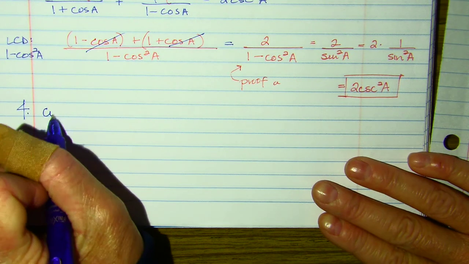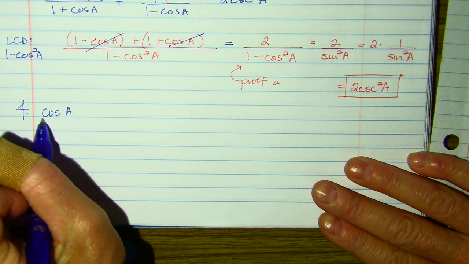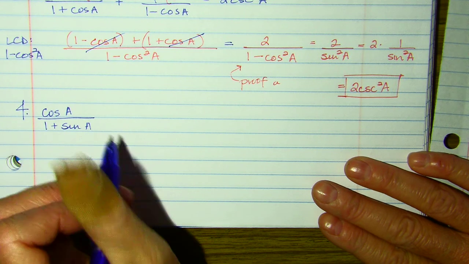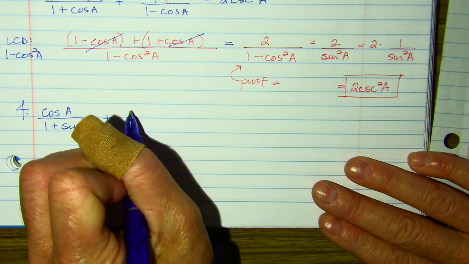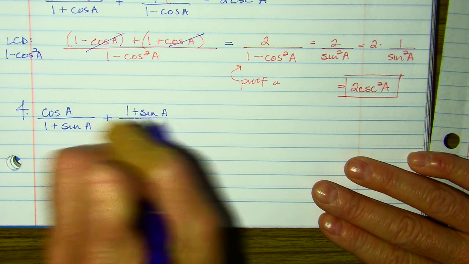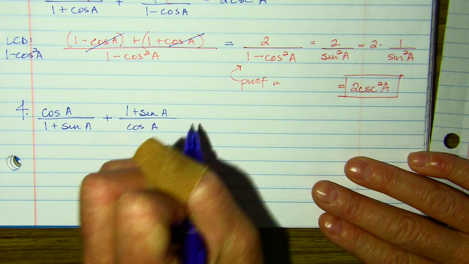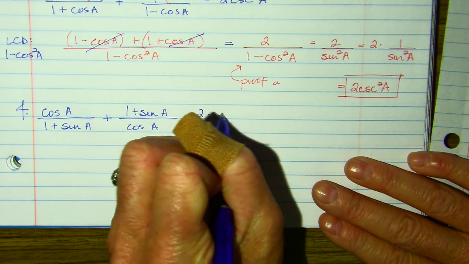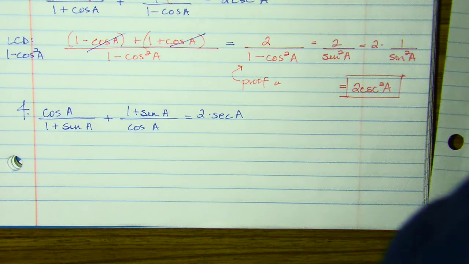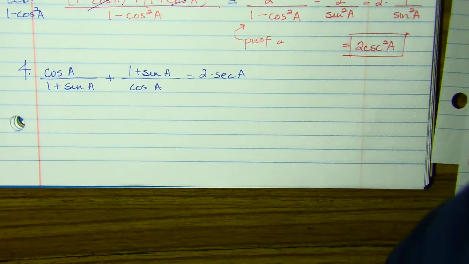The cosine of A over 1 plus the sine of A plus 1 plus the sine of A over the cosine of A equals 2 times the secant of A. I'm kind of running out of room. All right.